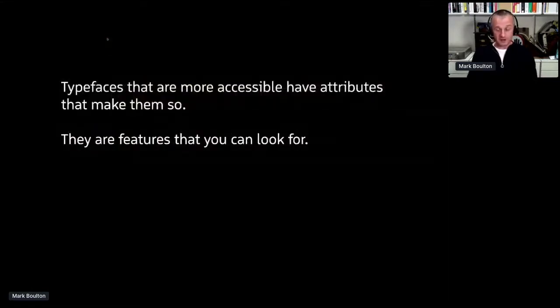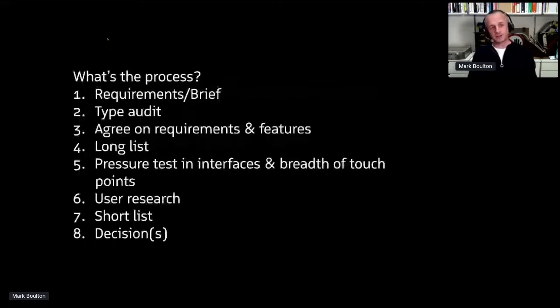So following along that thread of that process, some typefaces are more accessible because they have attributes that make them so, and these are the features that we can start to look for when we're starting to choose a new typeface. So this is the process that I went through. In many ways it's similar to a normal design process. We have the requirements and the brief.